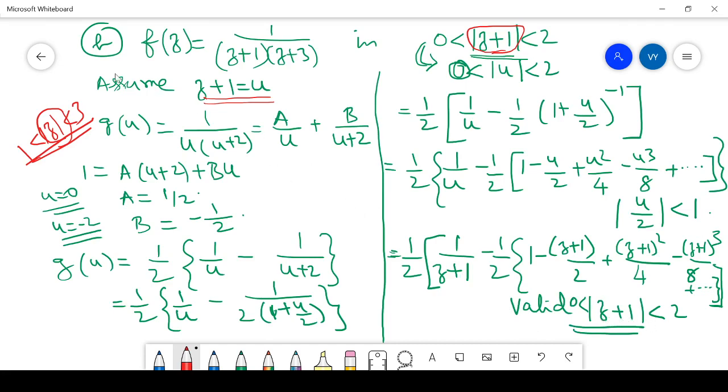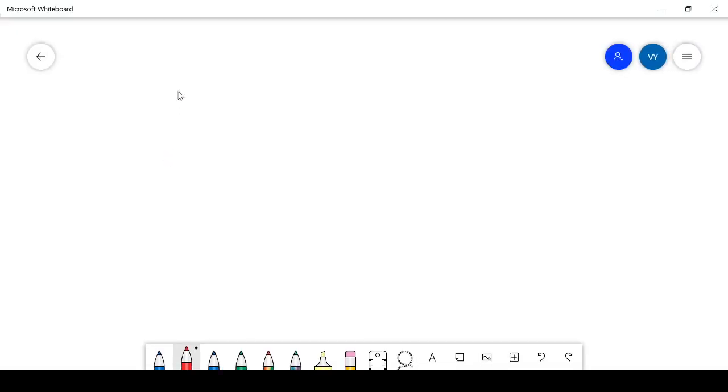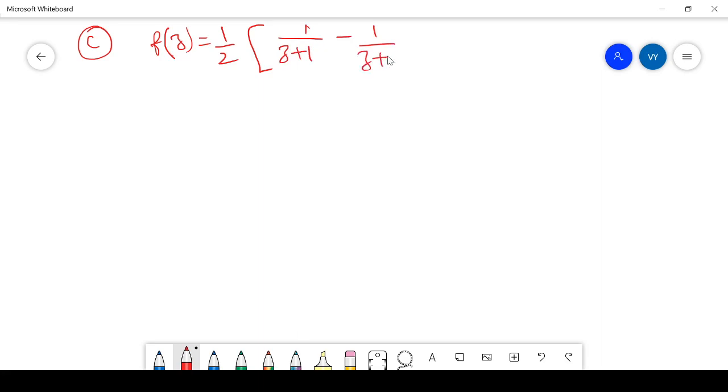Now again for the third part, what you do is see f of z. I'll just write down the form which we obtained in part A: 1 by 2 times (1 by (z plus 1) minus 1 by (z plus 3)).